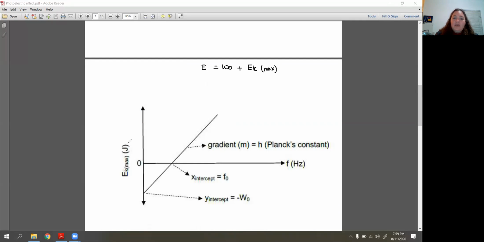All right. Now here we're going to plot kinetic energy. That means that this is my Y value against F. Now this F is the frequency of the photon. So it is referring to the F contained in E. So I have to then take E and say E is equal to, let's do that slowly, HF is equal to W naught plus EK max.